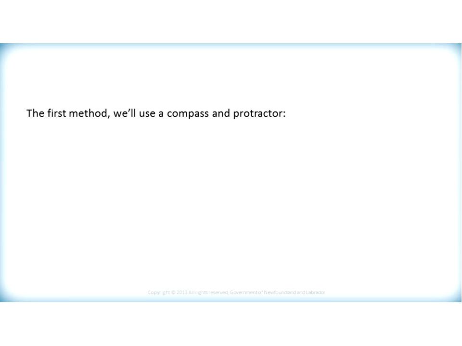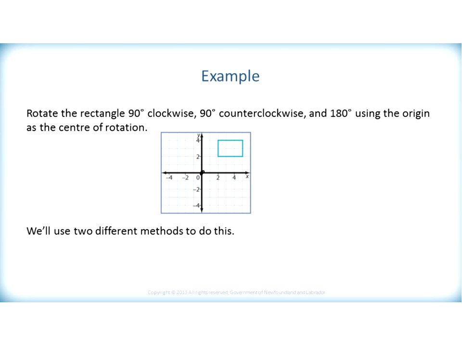What we're going to do is use our center of rotation to draw an arc from each point in the object. So you're going to set your compass on the origin right here, and our compass is going to be a triangular shape like this, and our other mark is going to be on this point right here.